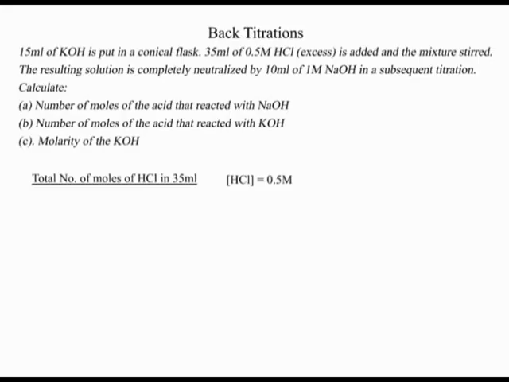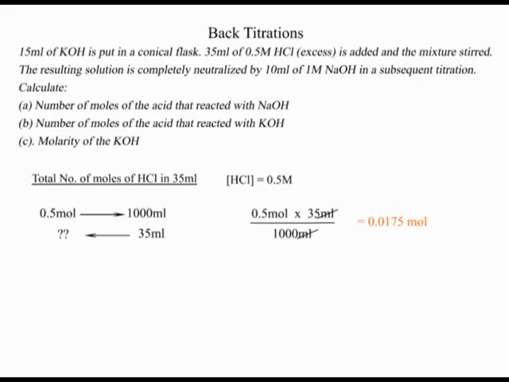It's 0.5 molar. But we had 35 milliliters. So how many moles are in that volume? 0.5 moles are in 1,000 milliliters. How about 35 milliliters? We have 0.5 times 35 over 1,000, and that gives us 0.0175 moles. And so the total number of moles of hydrochloric acid in 35 milliliters of the solution is 0.0175.